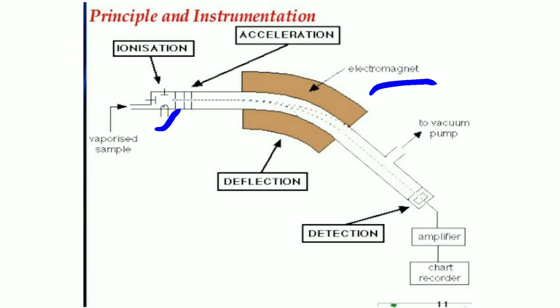Then after the deflection, the ions are detected by using the amplifier and the chart recorder. Here we learn all the ionization, acceleration, and detection in detail.